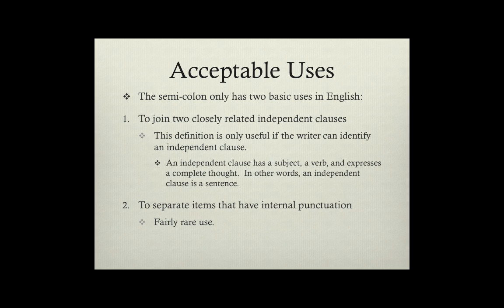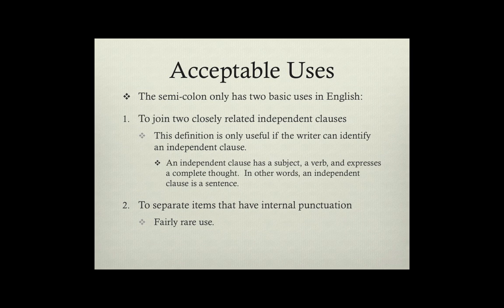So to review, remember, an independent clause has a subject, has a verb, and expresses a complete thought. In other words, an independent clause is basically a sentence. Okay? And the second acceptable use of the semicolon is when a writer uses one to separate items that have internal punctuation.